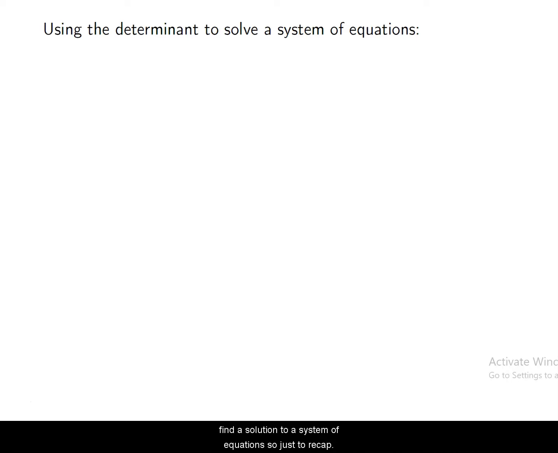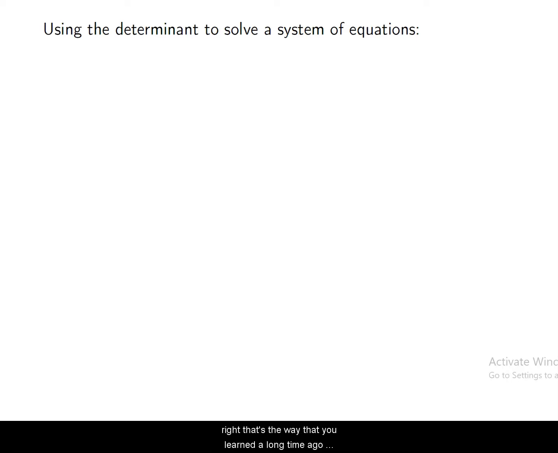So just to recap, as of right now, we have several ways of finding a solution to a system of equations. You have your standard algebraic methods, which is the elimination method or the substitution method, where you're keeping things in terms of x, y's, and z's and substituting things, or trying to eliminate a coefficient by getting the coefficients to match and then adding the equations together or subtracting them, right?